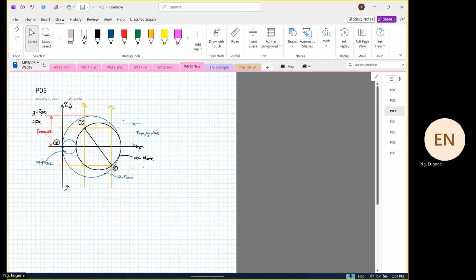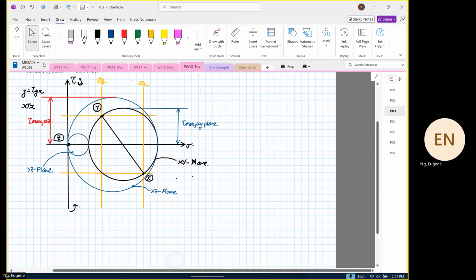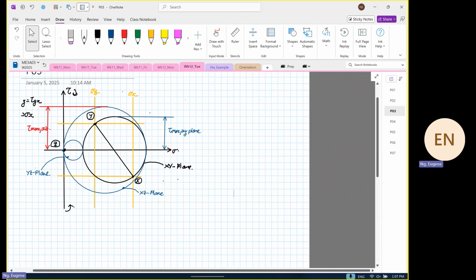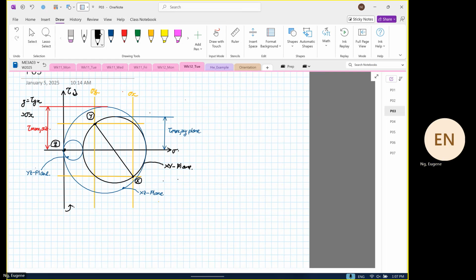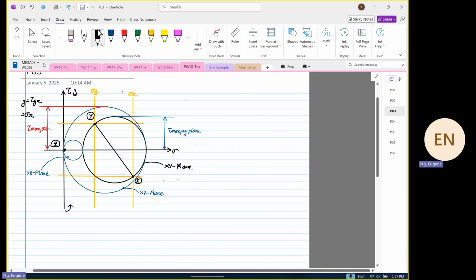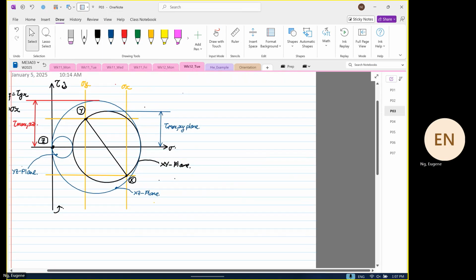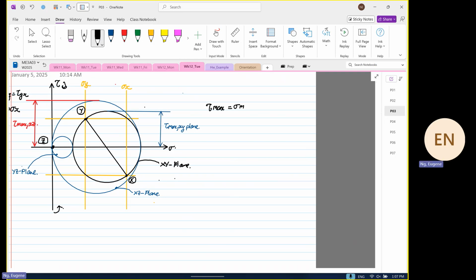So the formula we are going to use, we are going to calculate tau max, is equal to stress max over 2.